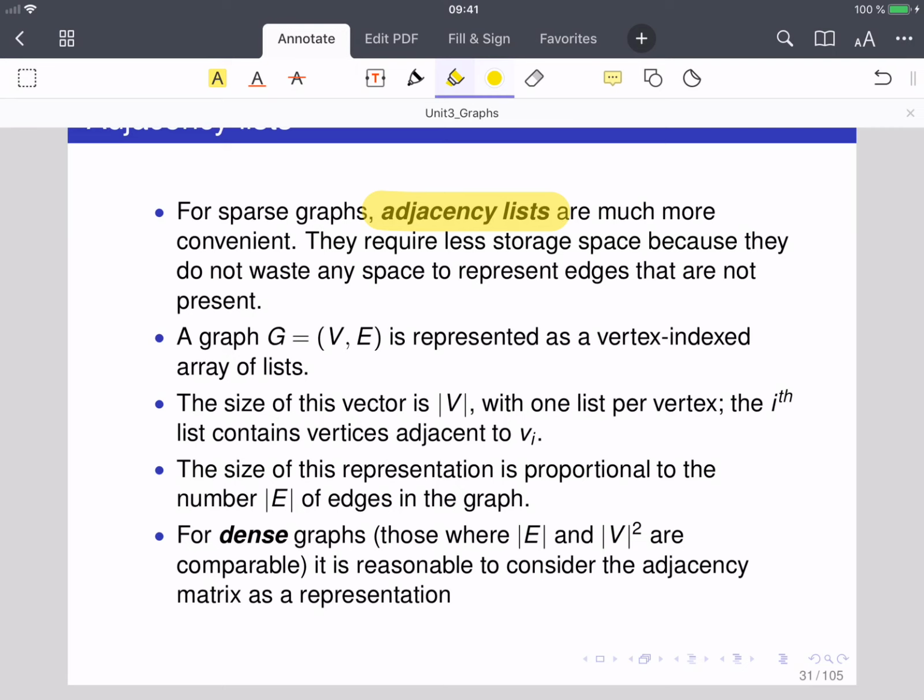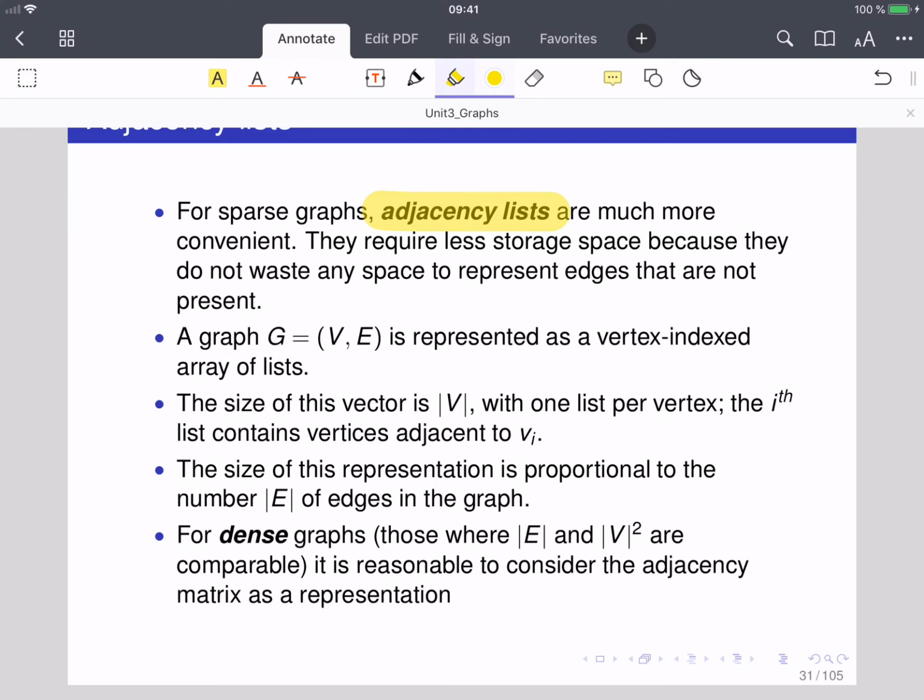Okay, for small cases, and what we are going to do here with small examples, adjacency matrices are very convenient, but in practical applications, as you can see, they can be a waste of memory. So we are going to store only those elements, those edges that are really present in the graph.